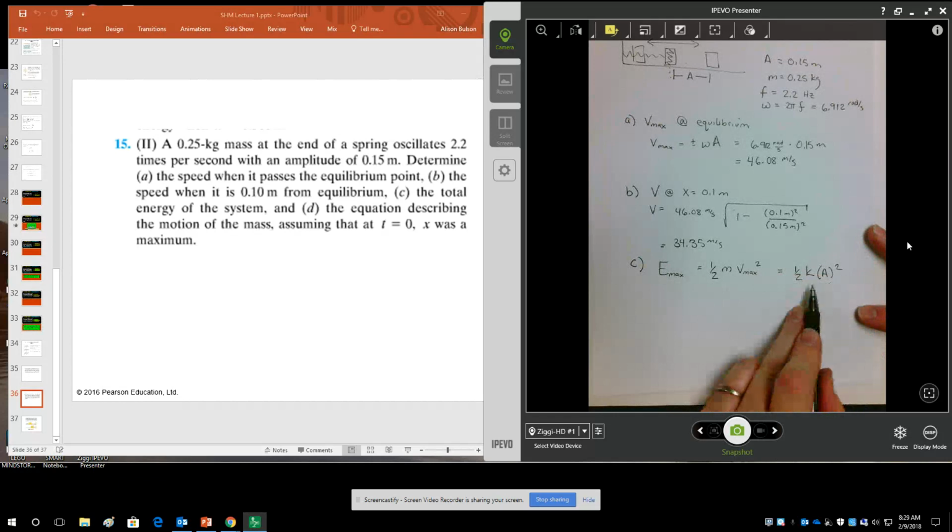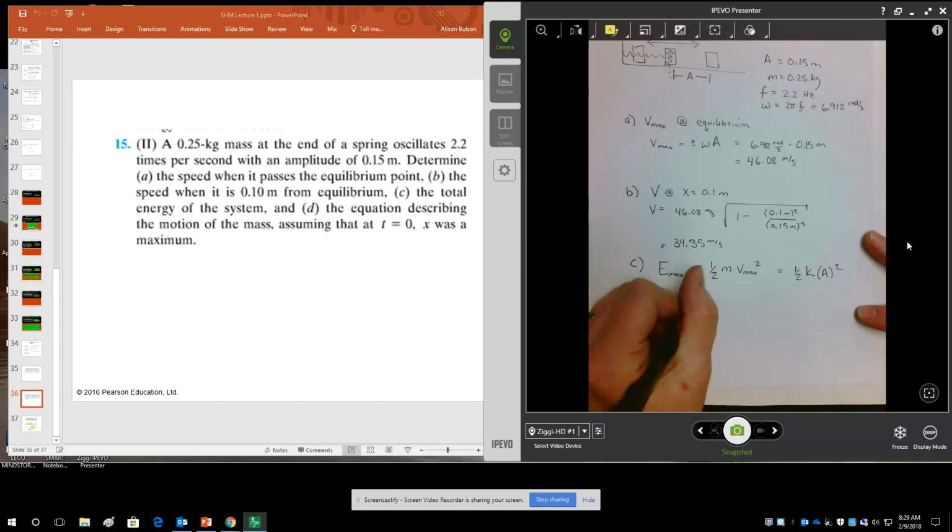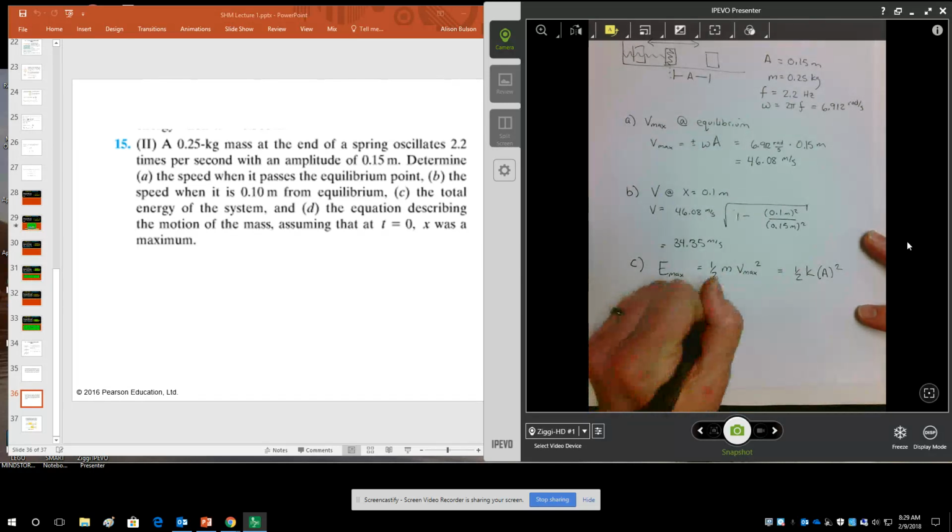Let's see, I know A, but we're not given K outright, but we are given mass outright. So just being lazy, since I now know Vmax, I'm going to go with max kinetic energy.